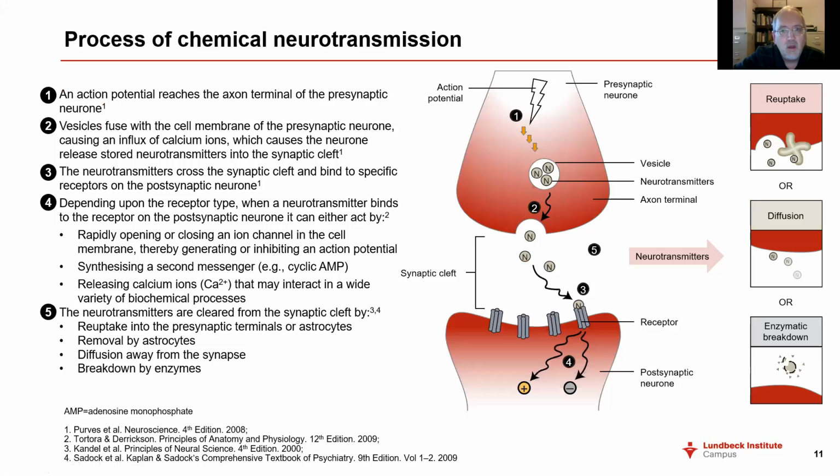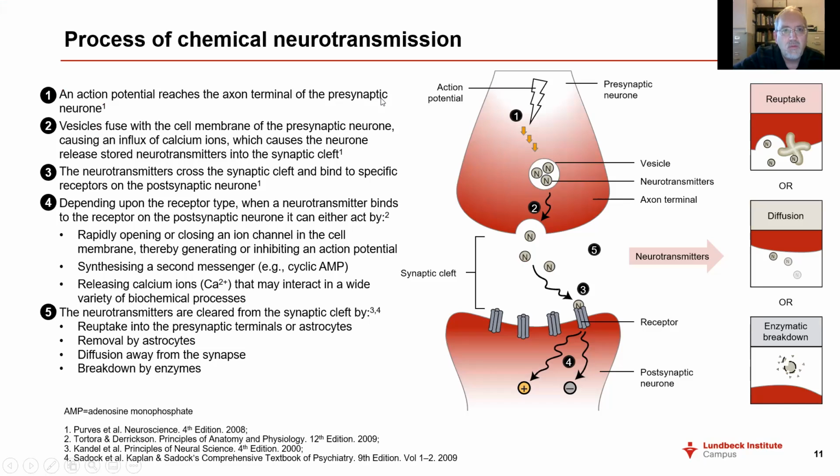And here's a little bit more detail about what happens when the neurons are being impacted. An action potential is basically a message sent through the neuron to do something with the neurotransmitter.